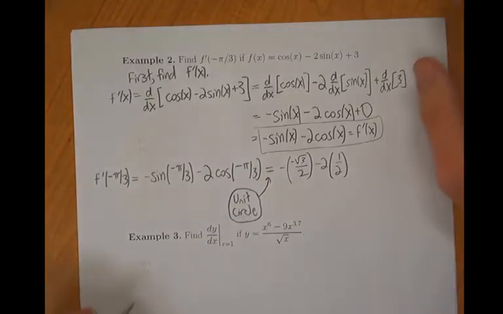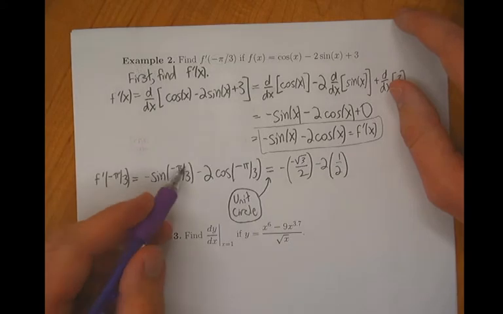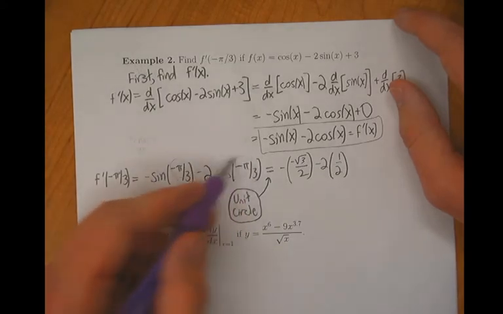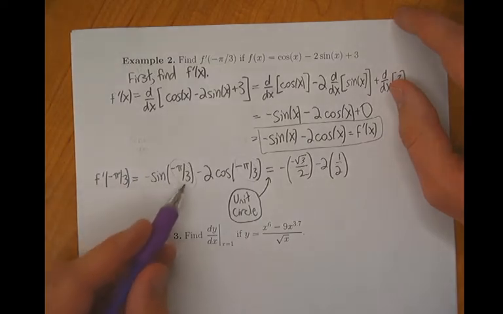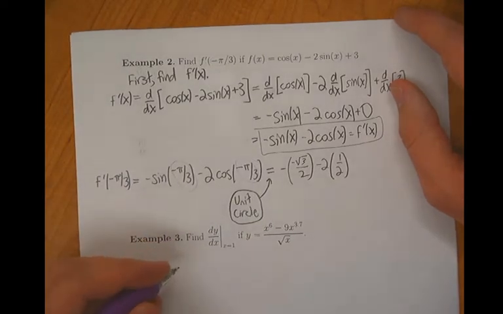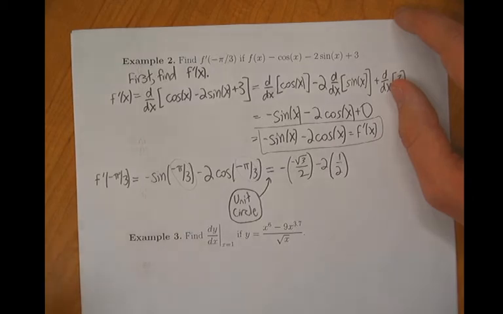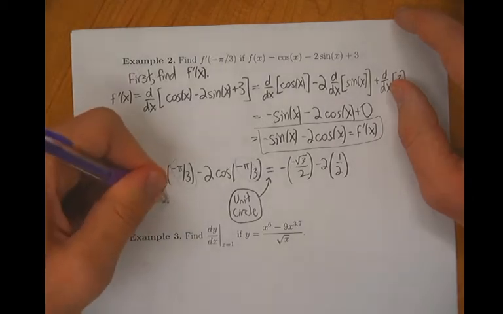Another way you could see this is that negative pi over 3, if you add 2 pi to it, is the same thing as focusing on 5 pi over 3, right?